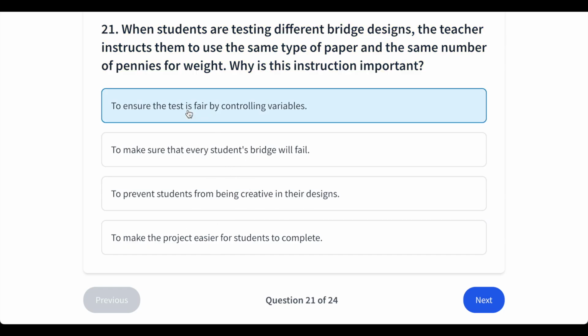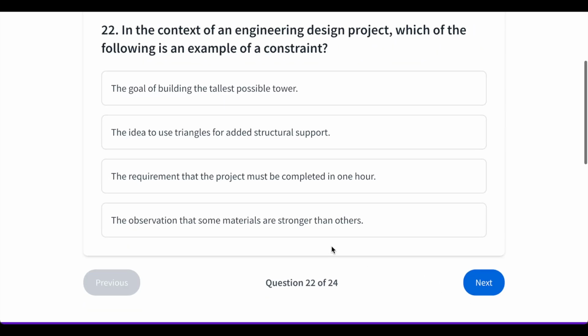To ensure the test is fair by controlling variables seems like the right option here, because by keeping the materials and the weight the same, we can ensure that the only thing actually being tested is the bridge's design. All right, moving on to question number 22.